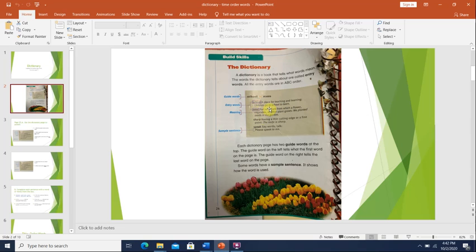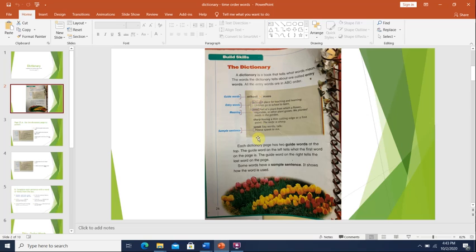So, what do we have in a dictionary page? The two words on top are called guide words. Guide words are the two words that show you the first word and the last word on the page. The words that are listed below each other are entry words.